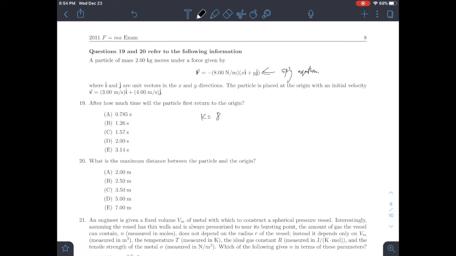So in the spring equation, we want to know the time, so we want to find the period of the spring, which is always equal to 2 pi times the square root of m over k. We know k is equal to 8, as you will see, and mass is equal to 2. Oh no, sorry. 2 over 8 is equal to 1 over 4.